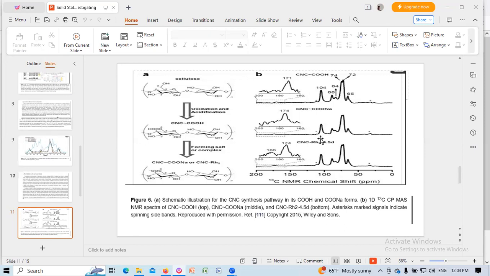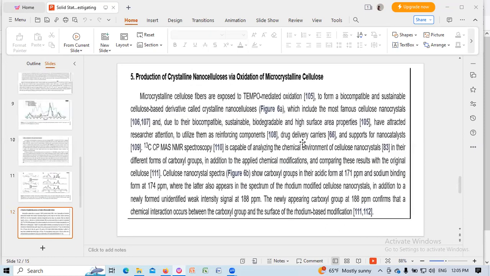Rhodium modified cellulose nanocrystal shows 188 ppm, which confirms that a chemical interaction occurs between the carboxyl group and the surface of the rhodium-based modification. Production of nanocellulose by oxidation of microcrystalline cellulose.